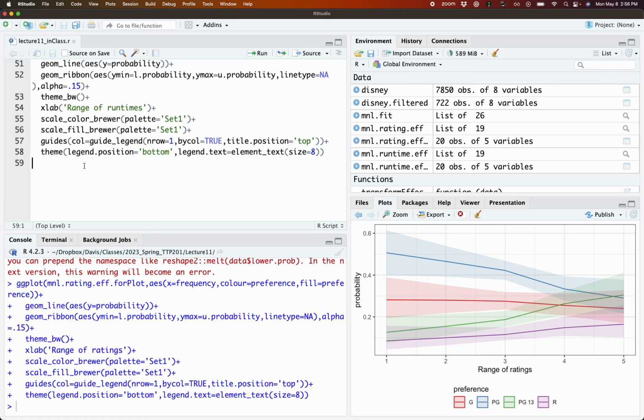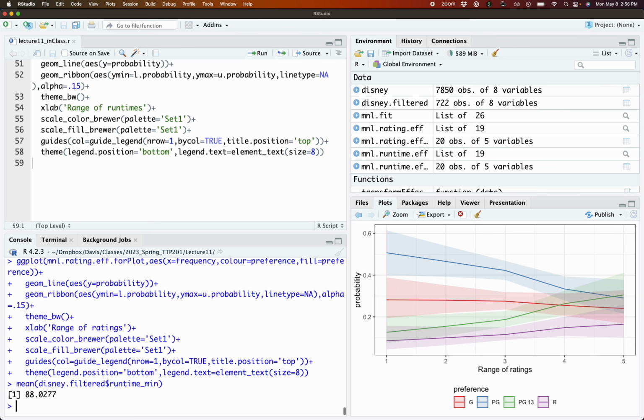If you were trying to do a prediction, let's say, okay, let me just pull out the actual number. Mean Disney dot filter dollar runtime min. Okay, 88 minutes.